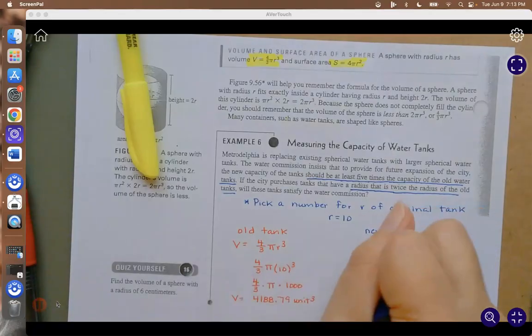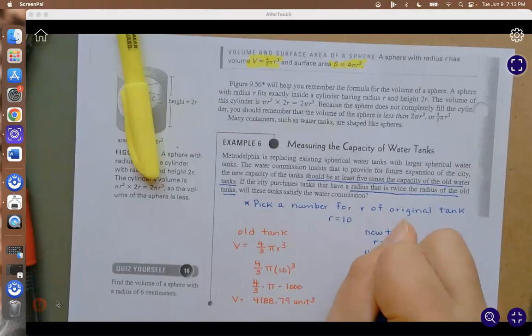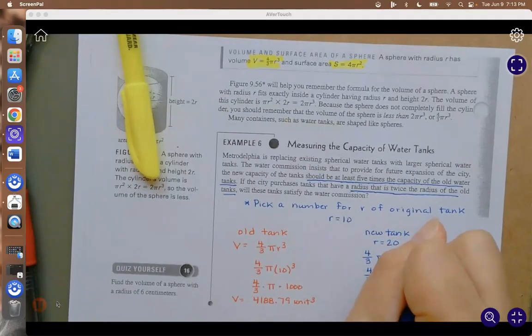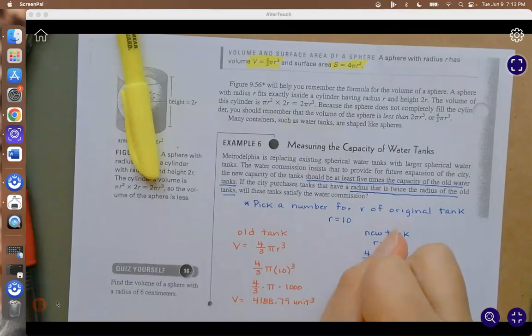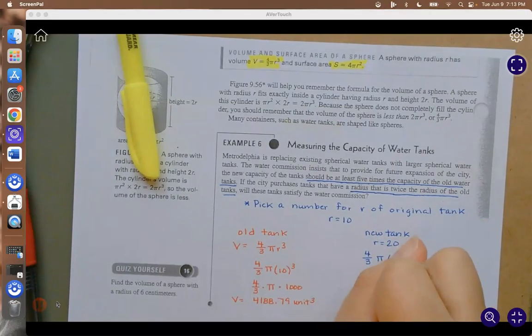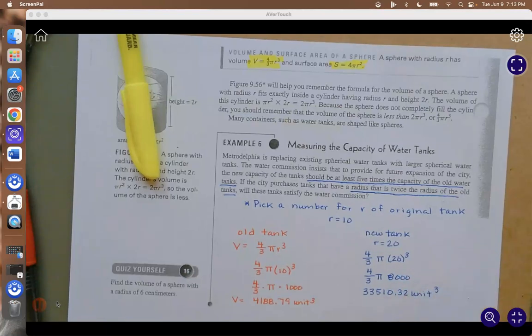And that's going to be, 20 cubed is 8,000. Sorry, that 8 looks so bad. 8,000. Type that in, and you get 33,510.32 cubic units.